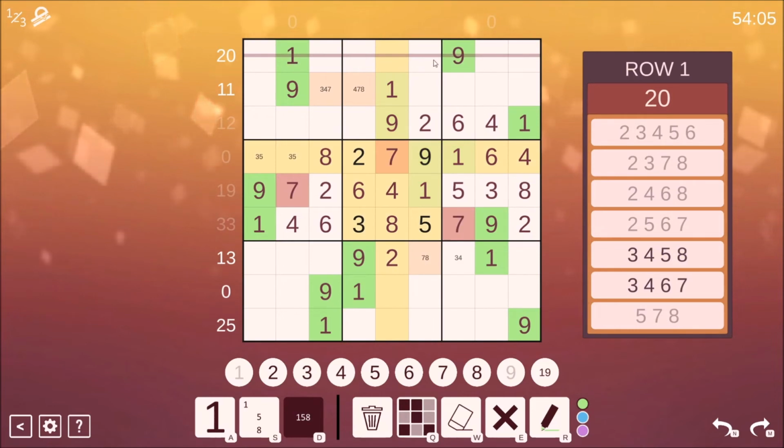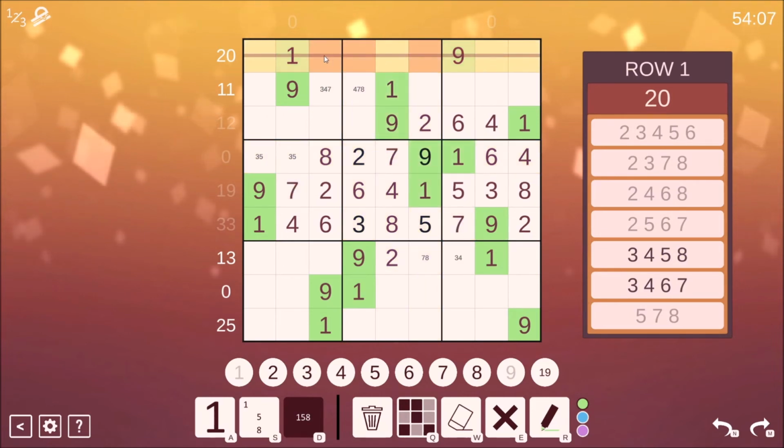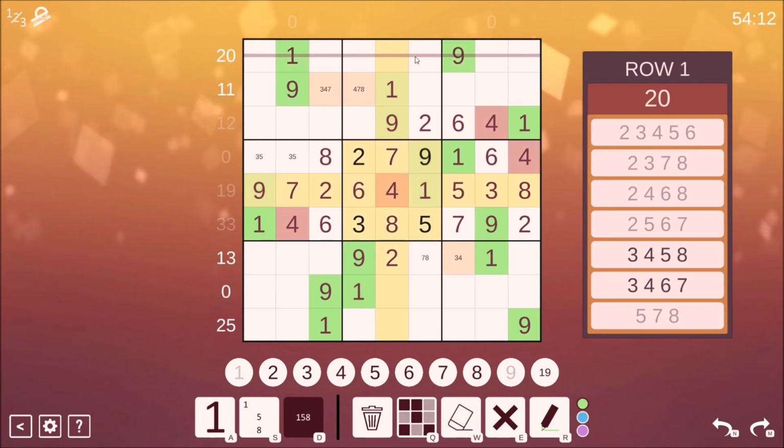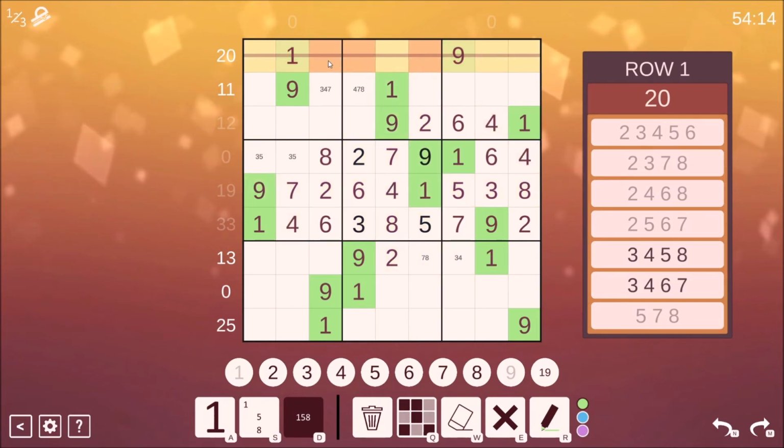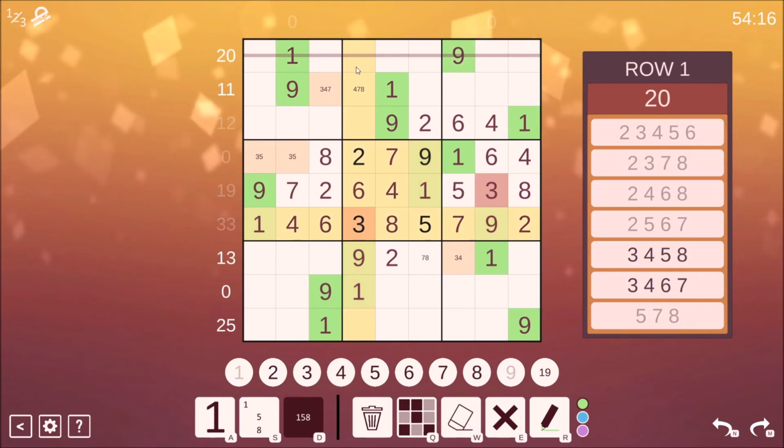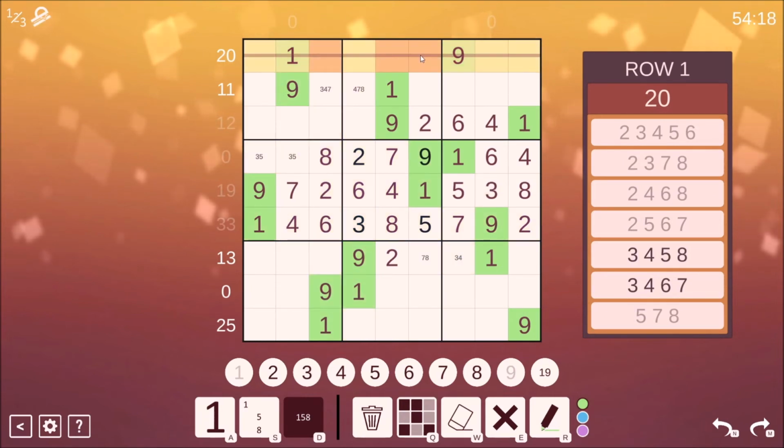So you'd have 7s in here, or 4s in here, 3s in here, and the 6 would have to go over here. So let's mark that first, because I think 6 is the most limited there.